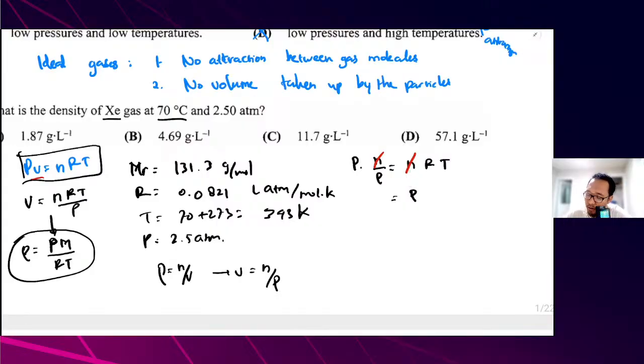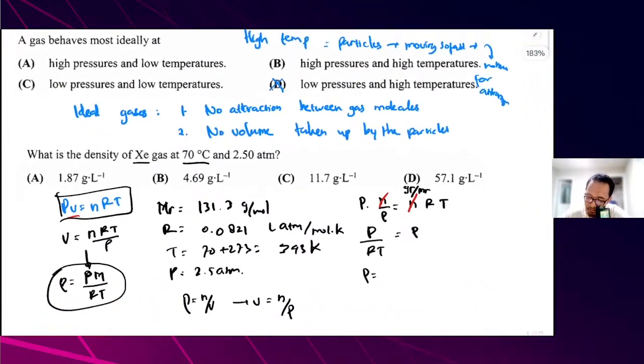However, here this is grams per Mr, in this case moles. So rho equals P times Mr over RT.